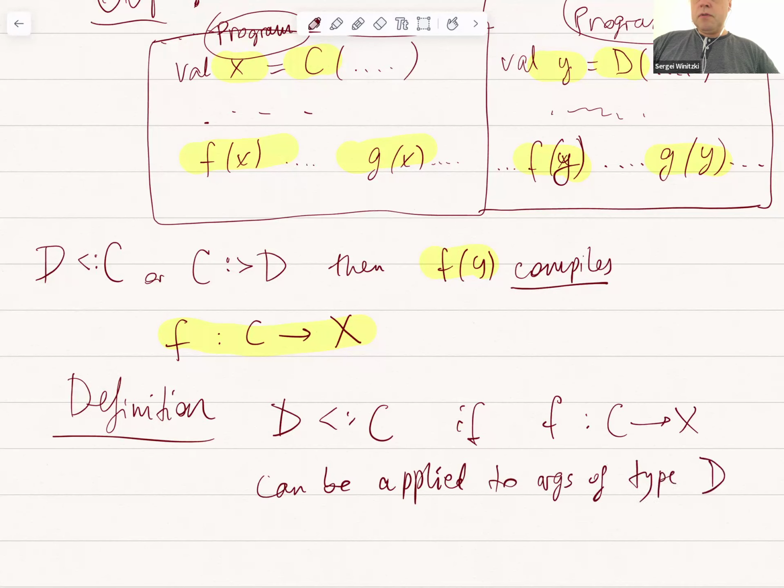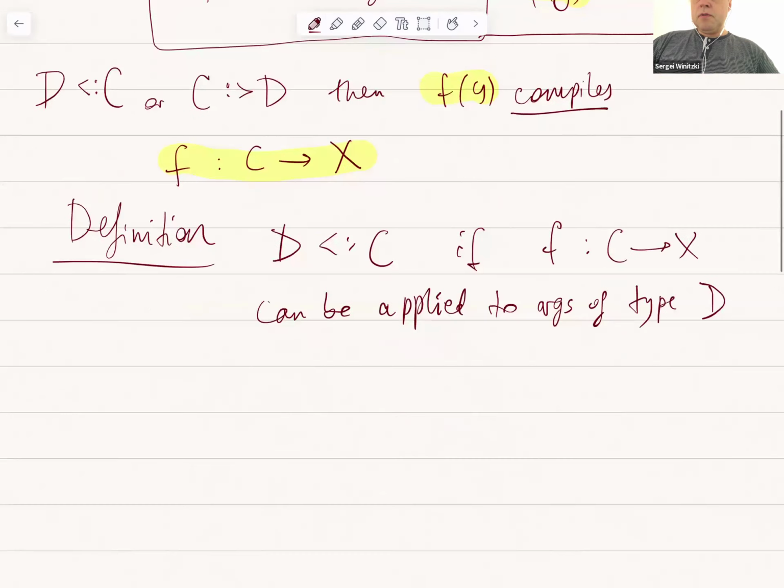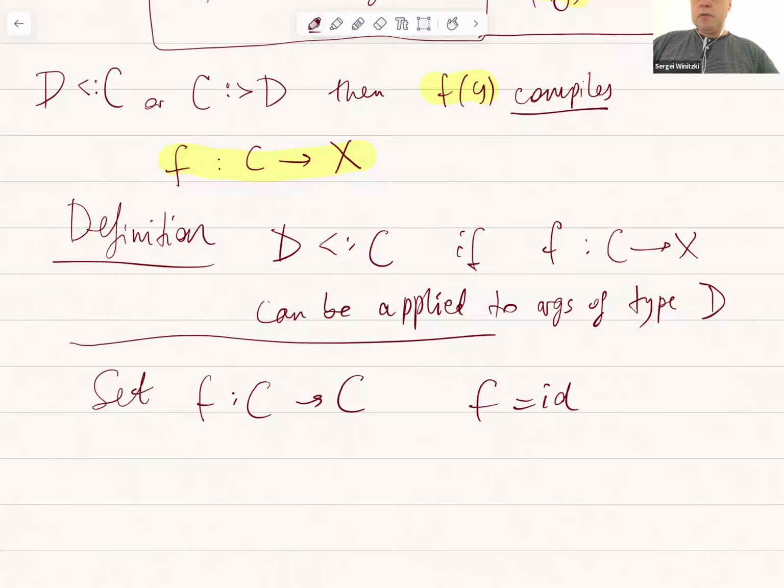Now, what does it mean? It means, right away, let's take this function f of type C to C as the identity function. We are then allowed to apply f to an argument of type D. So let y be a value of type D. Let's compute f of y.